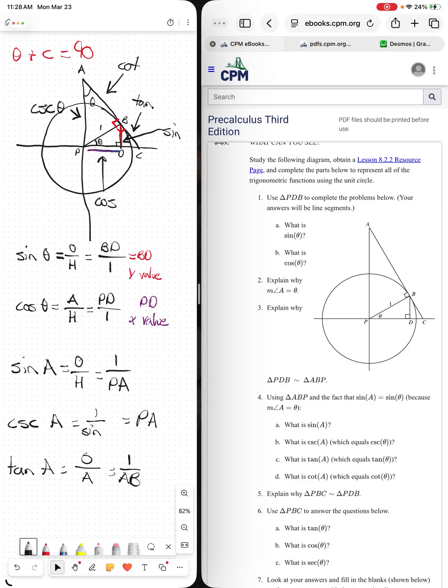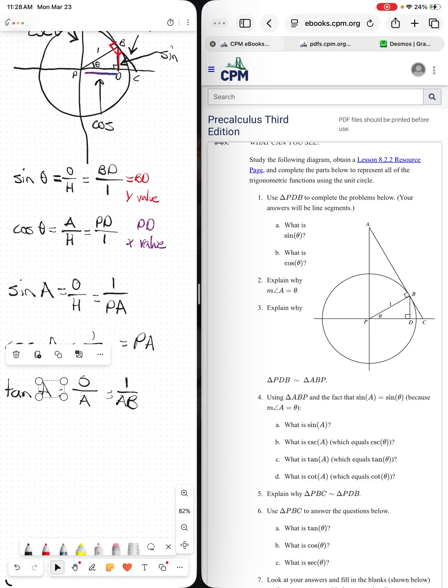Now it says use PBC to answer the questions below. What is the tangent of theta? Tangent of theta is opposite over adjacent, which is sine over cosine. That's where we get that.